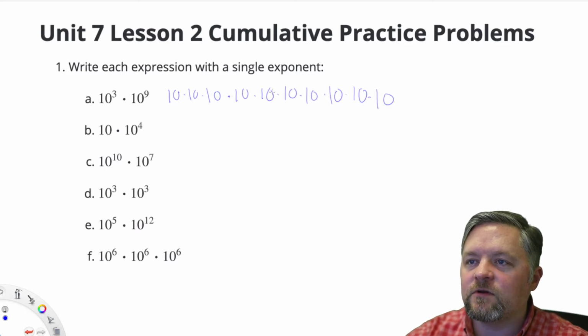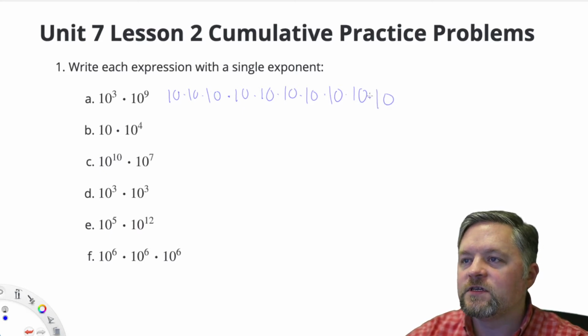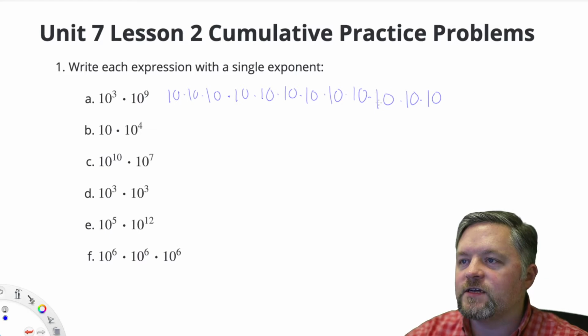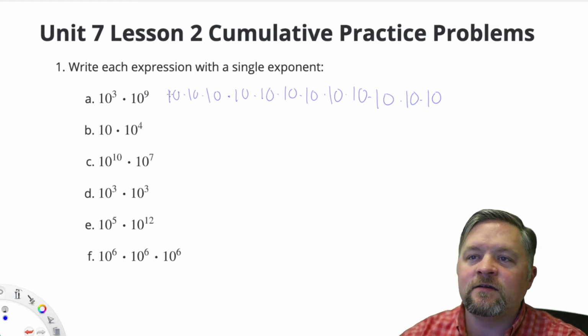How many we got? 1, 2, 3, 4, 5, 6, 7, times 10 times 10. So 10 to the 3, which is 3 tens, times 10 to the 9, which is 1, 2, 3, 4, 5, 6, 7, 8, 9.